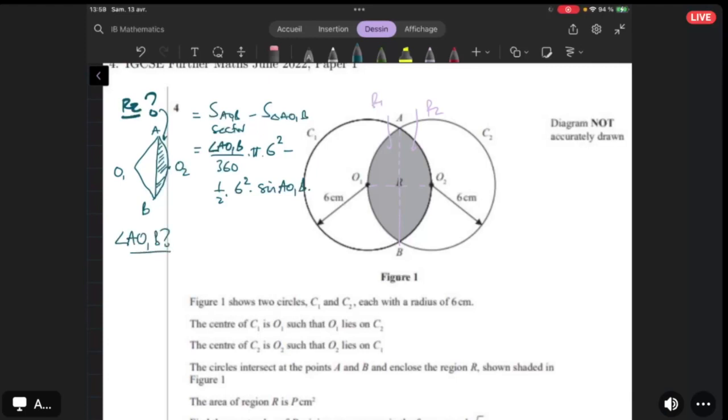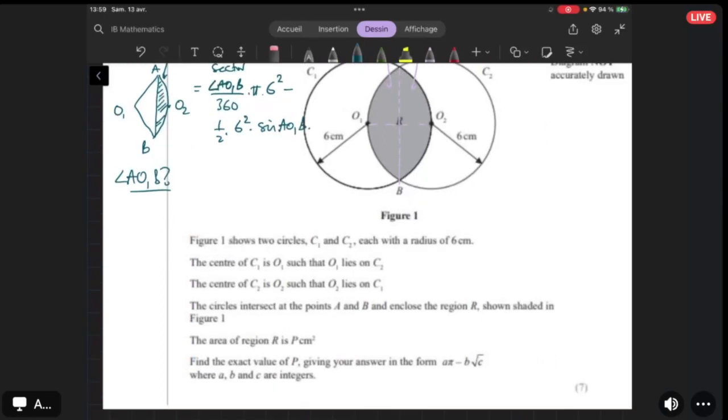How big is this angle? Yes, saying AO1B is a semicircle will get you 1 of 7 right off the bat.